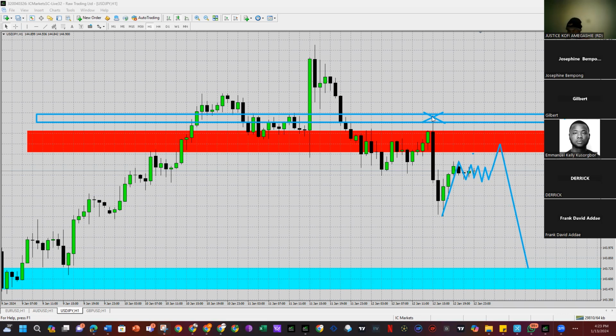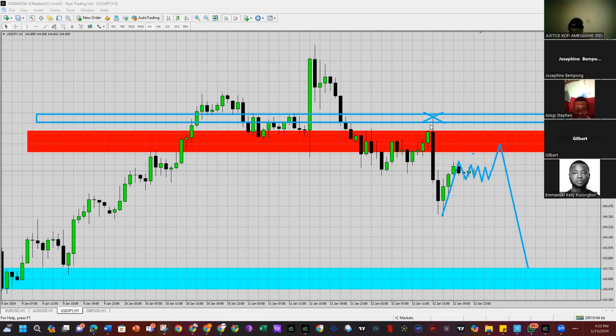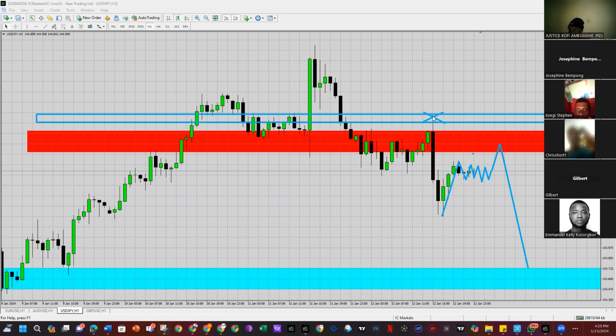That's how come when he hit here, he rejected, and this is a long black candle that formed. The moment the pair hits here, a long black candle formed, meaning there are plenty people here selling. A lot of the banks are actually here and they are selling the market here.